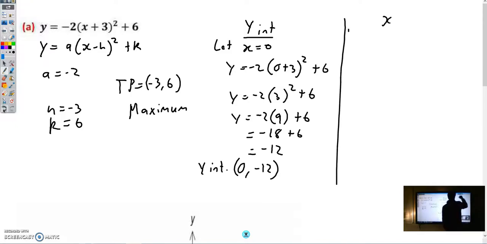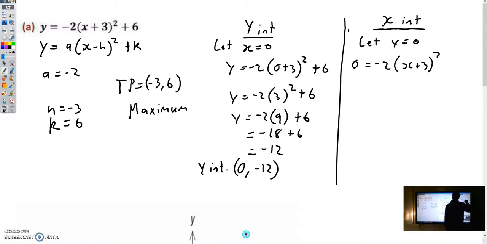My x-intercepts occur when I let y equal to 0, such that 0 is equal to minus 2 outside of x plus 3 all squared plus 6.